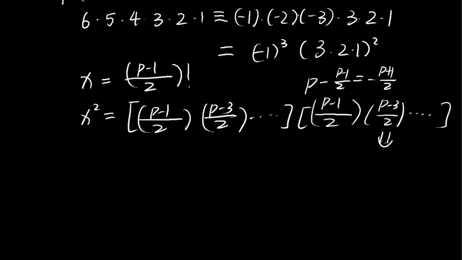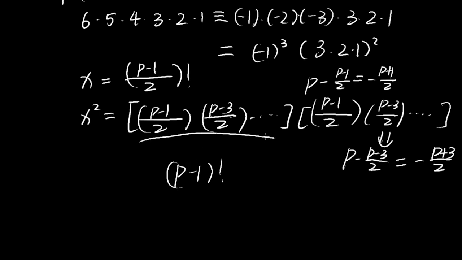This is also similar when we use p minus 2, or p minus 3, which is equal to negative (p plus 3) over 2. It's very nice because we can finally get a factorial here.